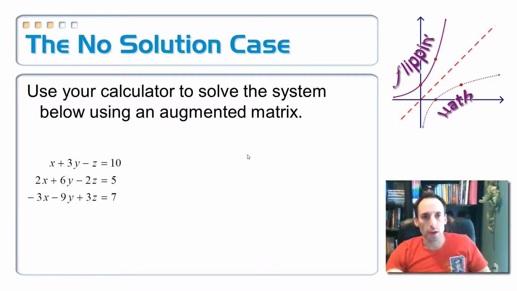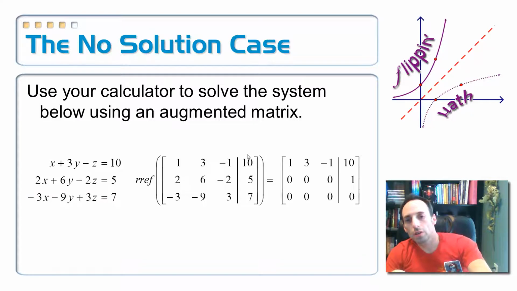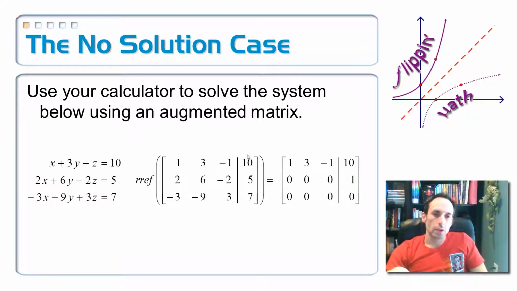Now, here's the no solution case, and I want you to actually put this in the calculator and see what happens. Of course we need to put that 3x3 system in an augmented matrix and do row reduced echelon form on it. So go ahead and pause if you need to, type that in, and then unpause. Whenever you hit enter on your calculator, this is what you should come up with. The top row looks fine, but it doesn't have the form of the identity matrix on the left-hand side.